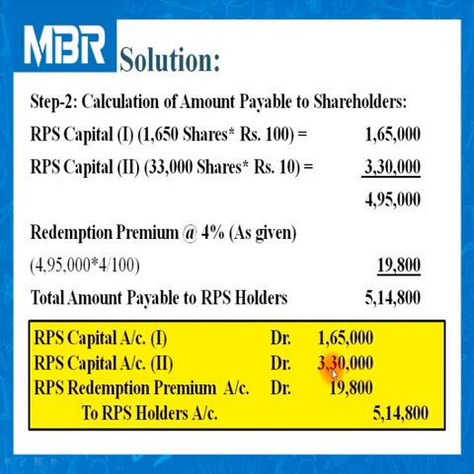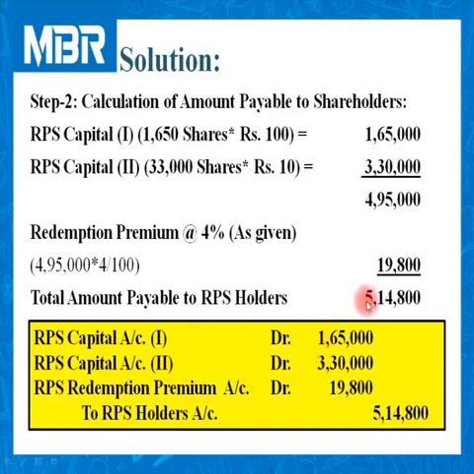RPS redemption premium account debited 19,800 to RPS holders account 5,14,800. Here I have debited RPS capital type 1 and RPS capital type 2 separately.